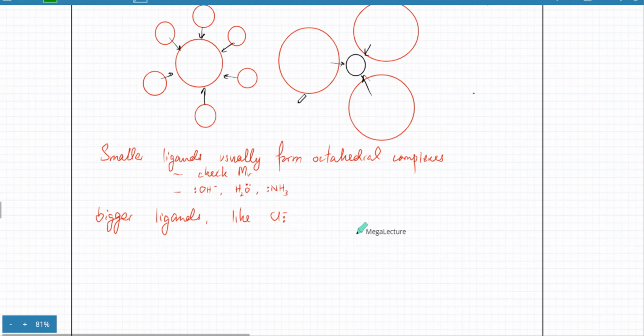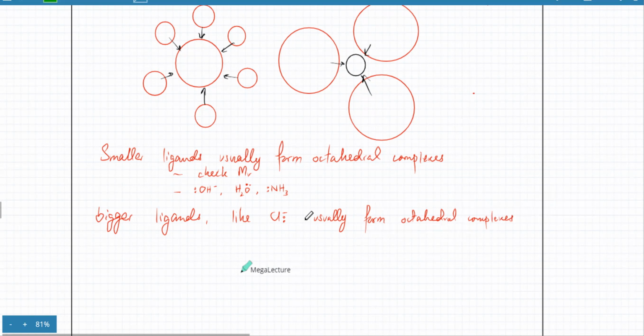So the size of the Cl ion is going to be much bigger. Now bigger ligands like Cl minus usually form fewer-coordinate complexes. You can't fit a lot of them around a metal ion.